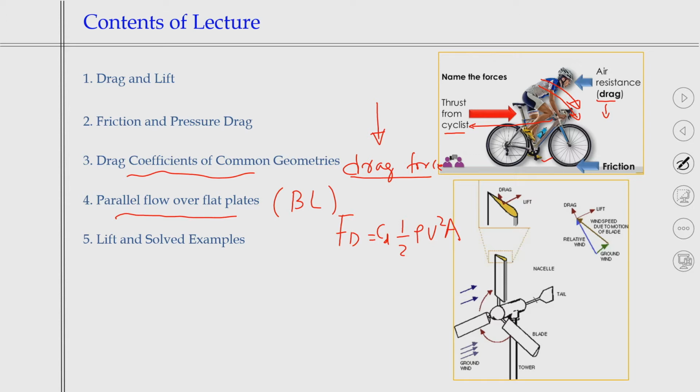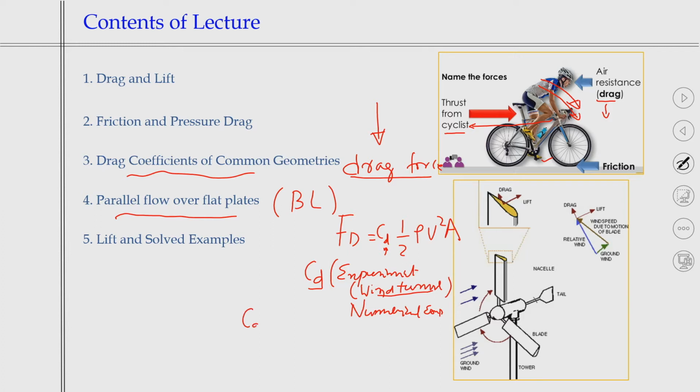Basically, this drag coefficient we can get from experiment, by conducting a wind tunnel test, or we can do numerical experiments to estimate the CD value.